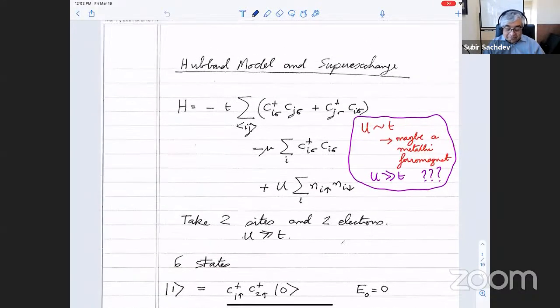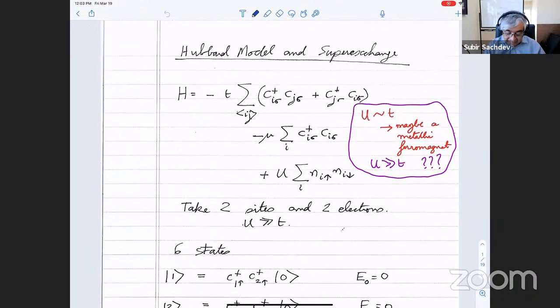So just to quickly summarize, we are taking the Hubbard model as our basic model on any lattice. We are interested in the regime where U is much bigger than T, and we are not too far from half filling, which is 1 electron per site. In that limit, we want to work to second order in T and derive an effective Hamiltonian in the low energy subspace.